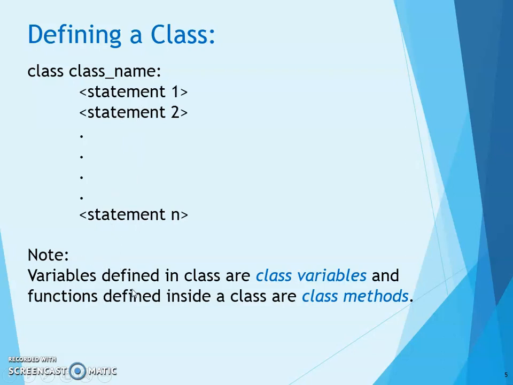Now the variables that are defined inside a class are called class variables, and the functions that are defined inside the class are called class methods. So class contains class variables and class methods. Methods means nothing but the functions that are defined inside a class.